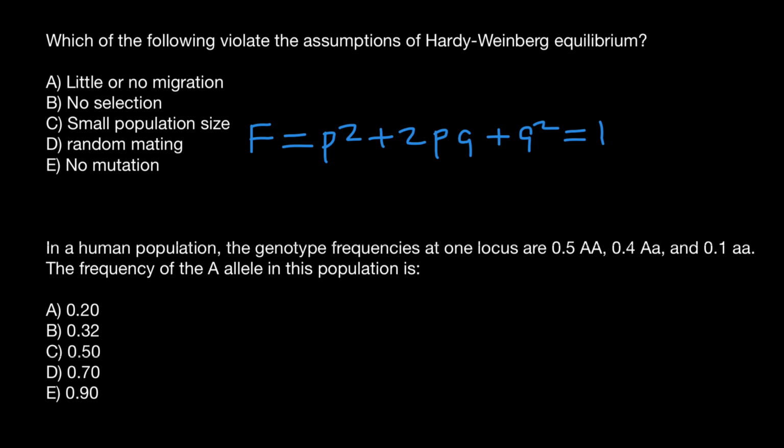In this equation, p squared stands for the homozygous dominant genotype, 2pq stands for the frequency of the heterozygous genotype, and q squared stands for the frequency of the homozygous recessive genotype. As you see, in this gene pool we have only two alleles, dominant allele A and recessive allele a, which can make these three genotypes.